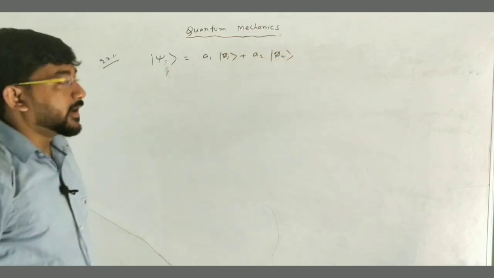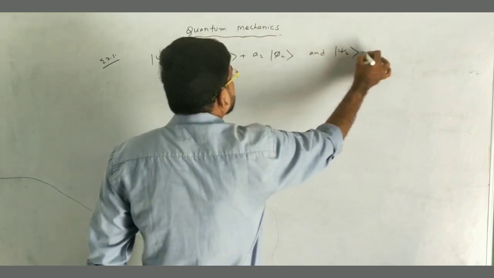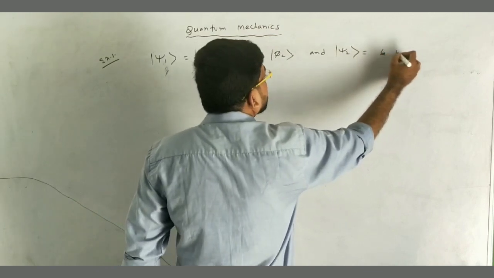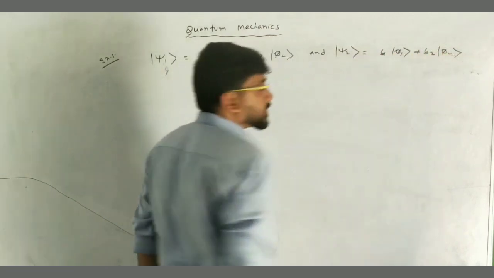And another wave function, let us take psi 2, that is b1 phi 1 plus b2 phi 2. So, suppose these are the two wave functions we have.